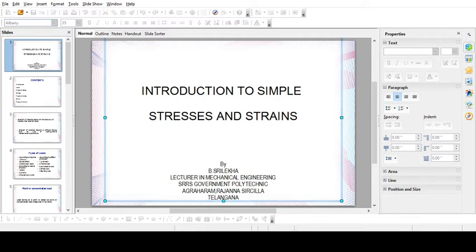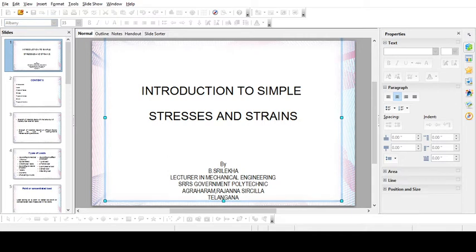Next, we'll go for load. As you know, load is nothing but an external force acting on a rigid body. Any external force which acts on a particular body can be read as load. These external loads can be classified into various types based on various criteria.